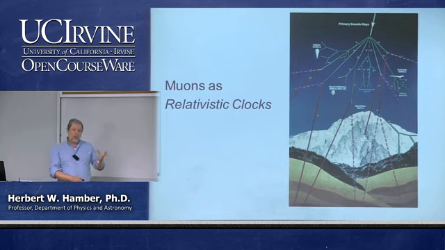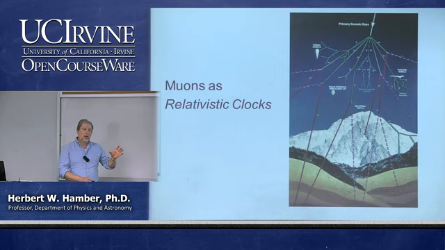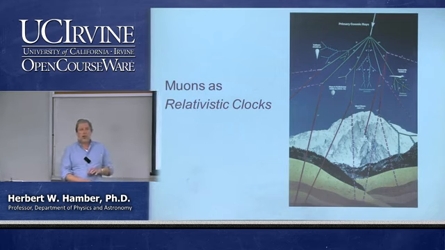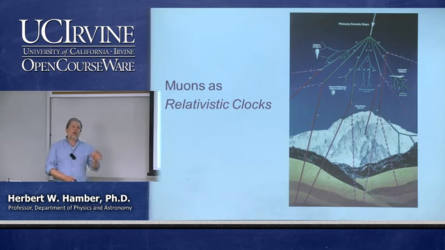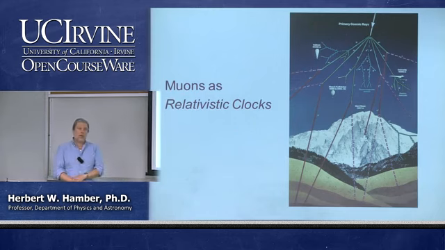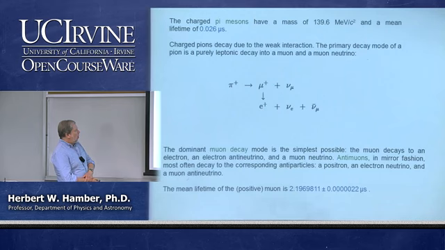That decay time is affected by relativistic effects, because the muon moves at a speed comparable to the speed of light. So we have a gamma time dilation factor that comes into it, which means that, based on what we discussed in this class, the clock attached to the muon as it falls through the atmosphere runs at a different rate than the clock we have as a laboratory clock, right?